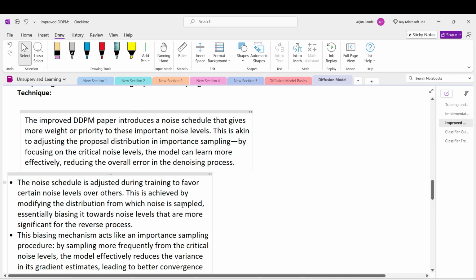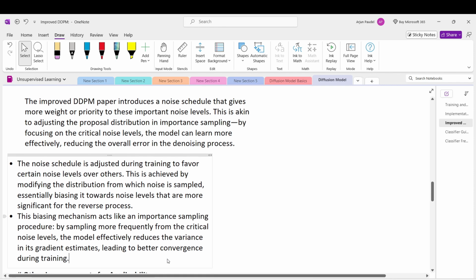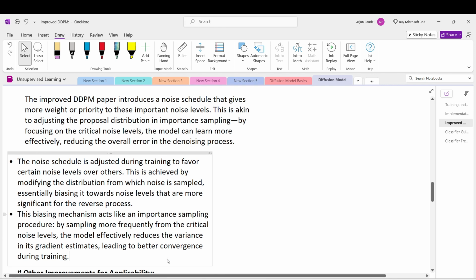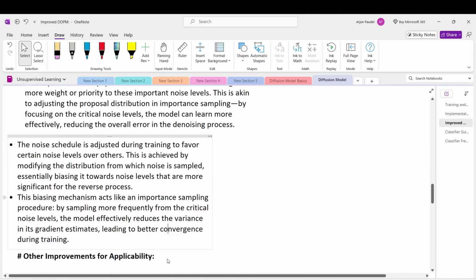So this biasing mechanism, focusing on the critical noise levels, lets the model learn more efficiently and reduce the overall error in denoising. This biasing mechanism acts like an importance sampling procedure. By sampling more frequently from critical noise levels, the model efficiently reduces the variance in its gradient estimates, leading to better convergence during training.